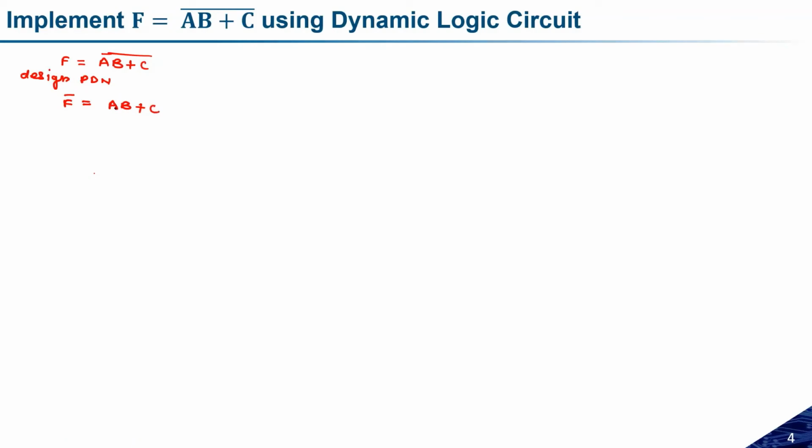Since A and B are together, I need to put two transistors in series, and then put one transistor in parallel to those two transistors. So this is how we can implement it.